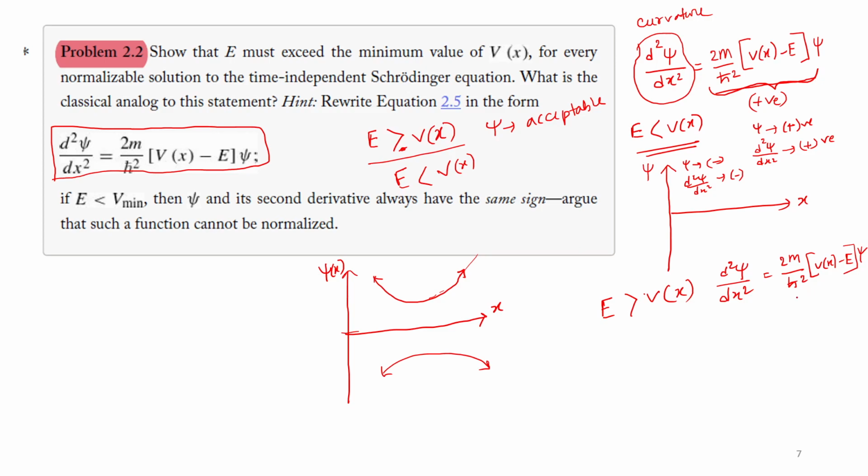When psi is positive, the curvature is negative, d2 psi by dx square is negative. And when psi is negative, d2 psi by dx square is positive.